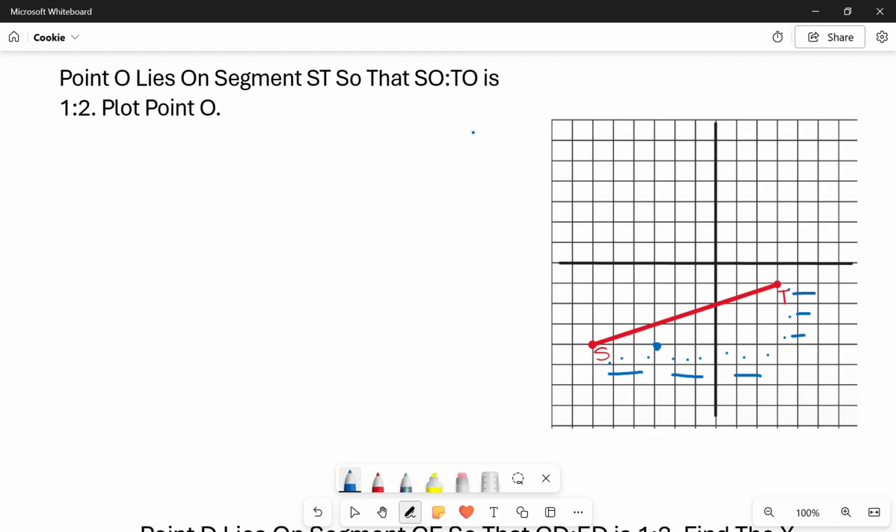So we also know that point O is 1 unit in the y-axis away from point S, right here. If we go here, and we make a line, we can find that it goes to that exact point, which is -3 and -3. And that's how we know that that point is point O.